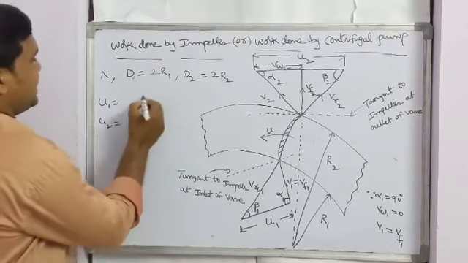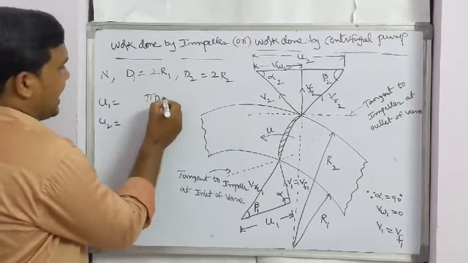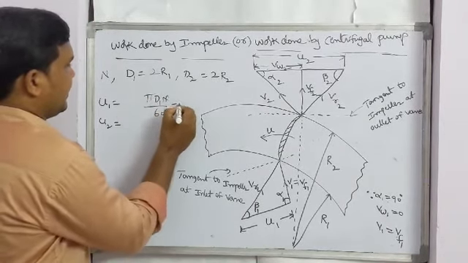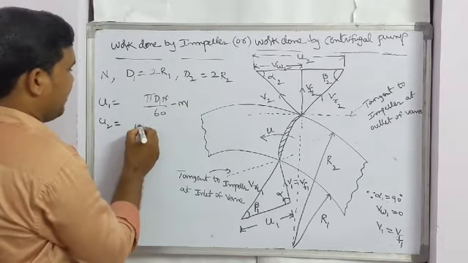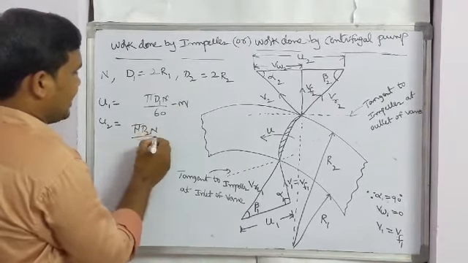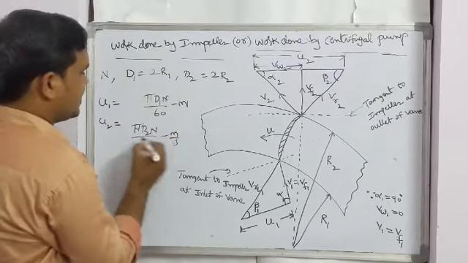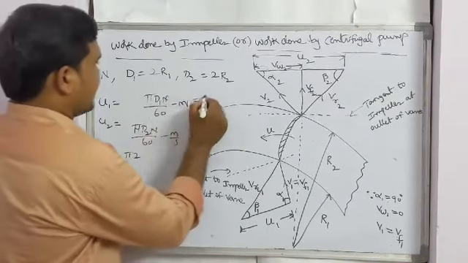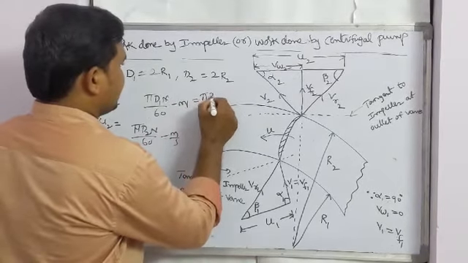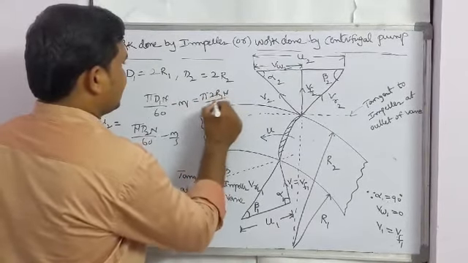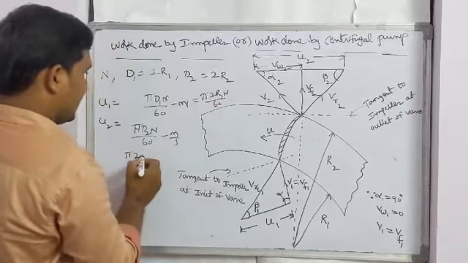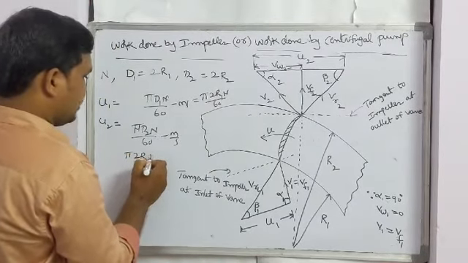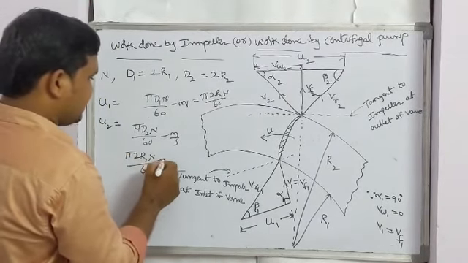So U1 is pi D1 N by 60 meters per second, and U2 is pi D2 N by 60 meters per second. That we can write as pi into 2r1 N by 60, and again 2r2 N by 60 meters per second.